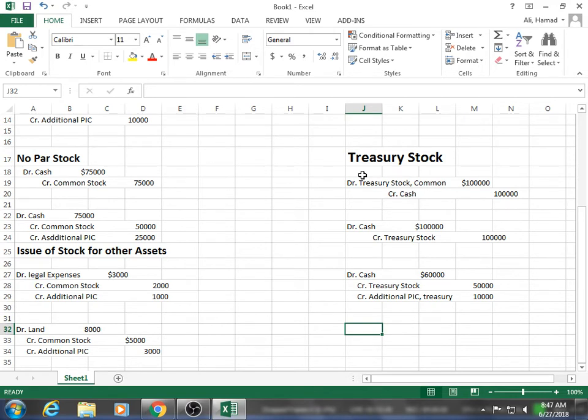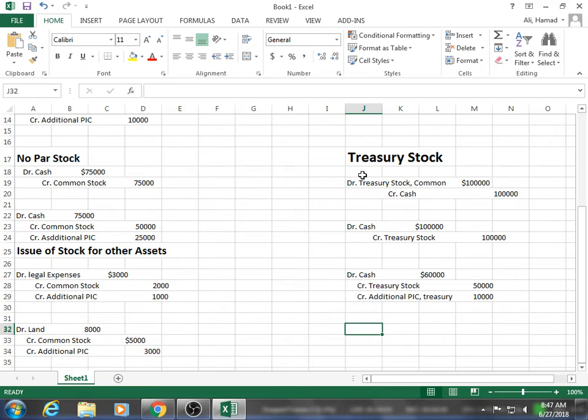So what are you going to make up that loss with? You're going to go back to the PIC treasury, this additional capital treasury. You subtract from the PIC that you have. That means we have to debit the PIC, because the original balance is 10,000 credit, and when we reduce it, we debit it.